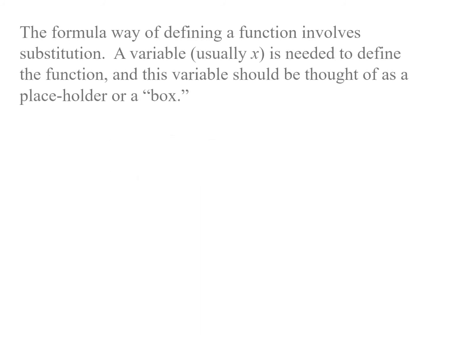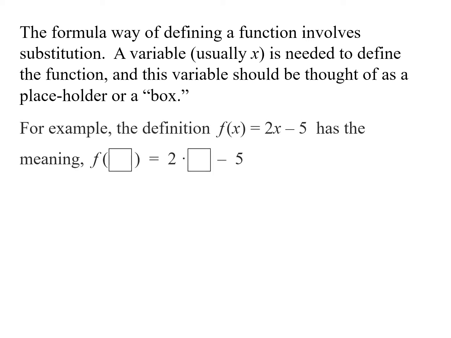The formula way of defining a function involves substitution. A variable, which is usually x, is needed to define the function, and this variable should be thought of as a placeholder or a box. For example, the definition f(x) equals 2x minus 5 has the meaning f(box) equals 2 times box minus 5.